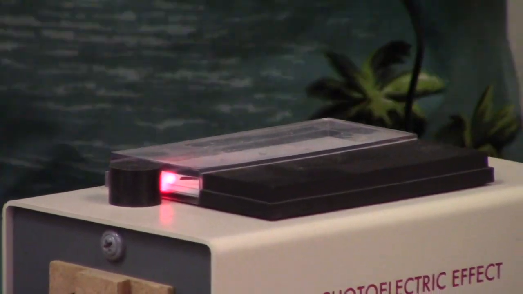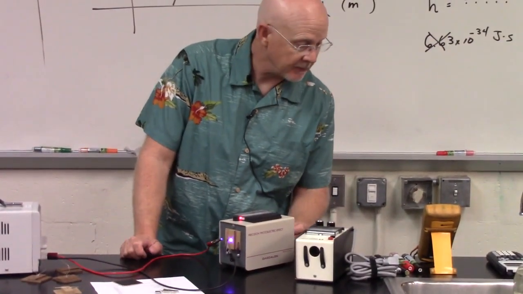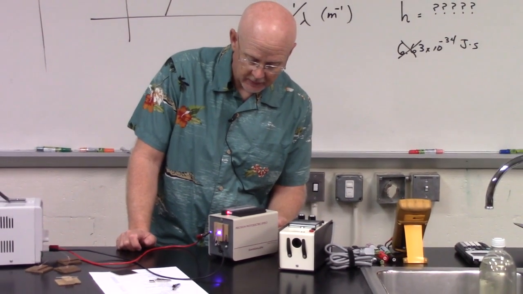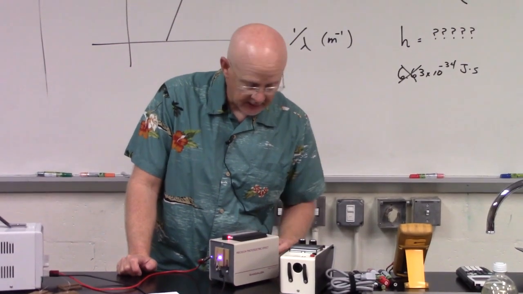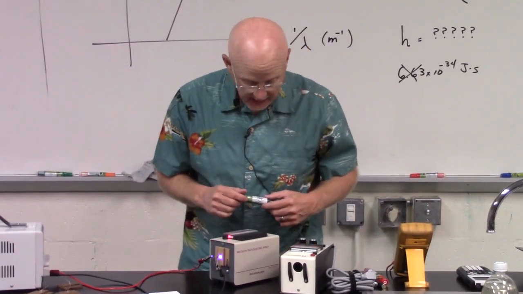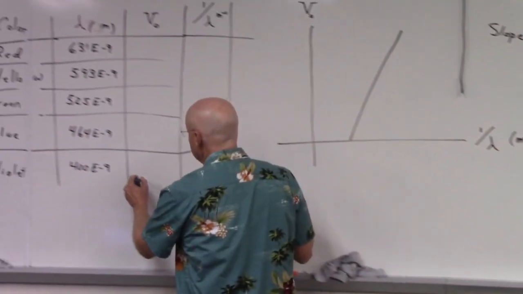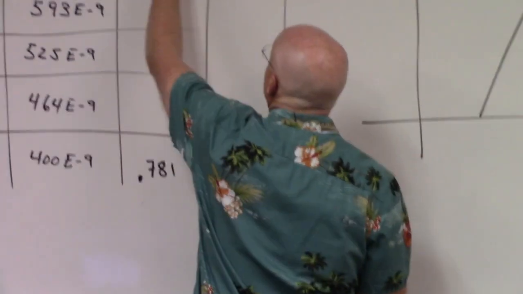That was going up just a little bit. So I'm going to call that good and say for this violet light, I'm getting a stopping voltage of about 0.781 volts.